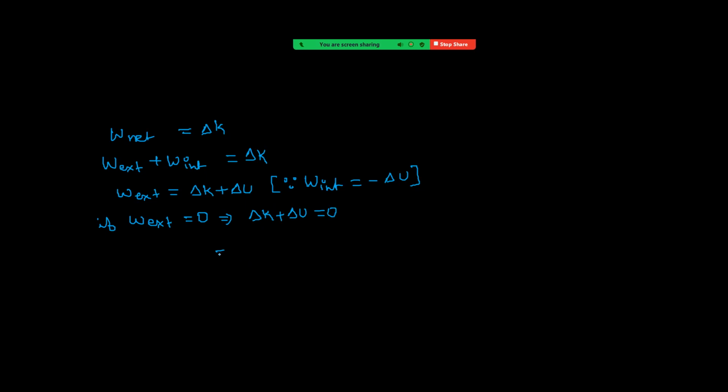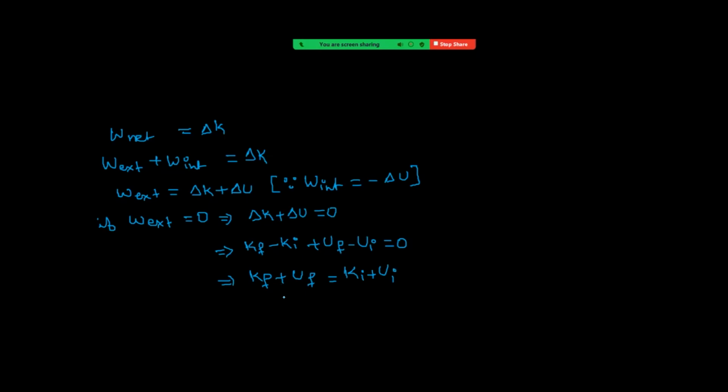See what it means. Delta K means final kinetic energy minus initial kinetic energy, plus final potential energy minus initial potential energy, equals zero. That means final kinetic energy plus final potential energy is equal to initial kinetic energy plus initial potential energy.